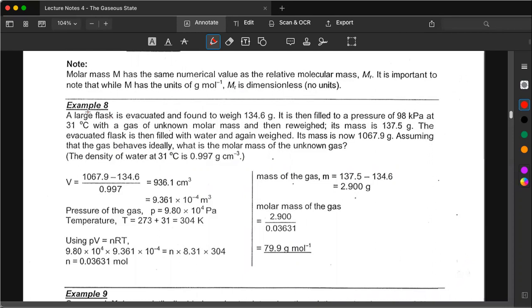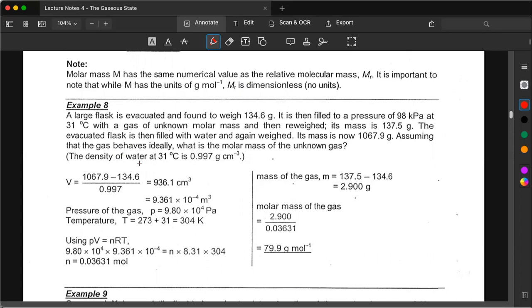Now the evacuated flask is then filled with water and again weighed, and the mass becomes 1067.9 grams. Now let's assume that this gas behaves ideally. So what is the molar mass of this unknown gas? Also, additional information is the density of water at 31 degrees Celsius is 0.997 grams per cm3.